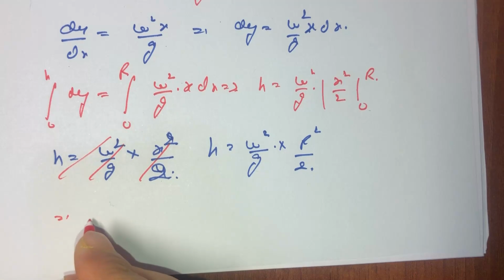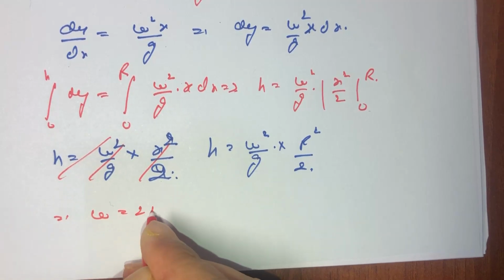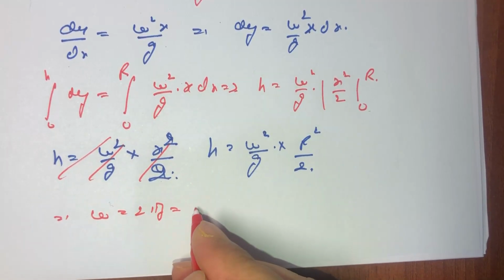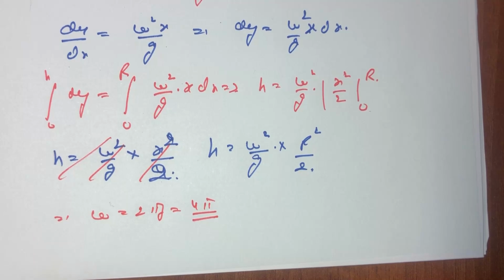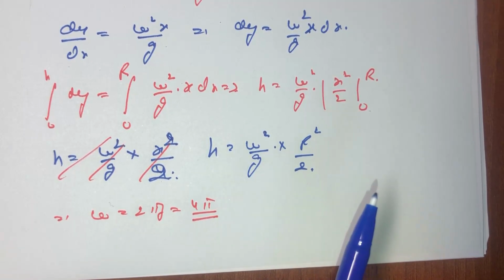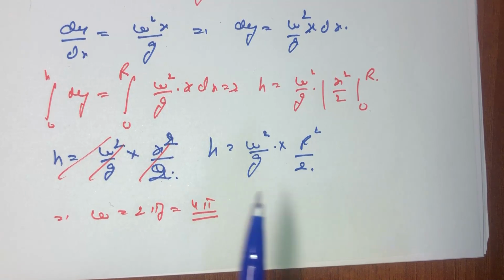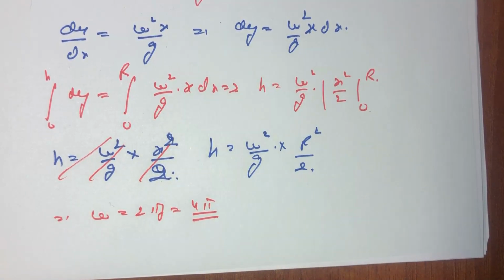We are given that the speed is 2 rotations per second. So omega will be equal to 2 pi f. f is given to us as 2, so omega becomes 4 pi. Substituting the rest of the values, because radius is given and the speed is also given, and g we know, we can find out our h.